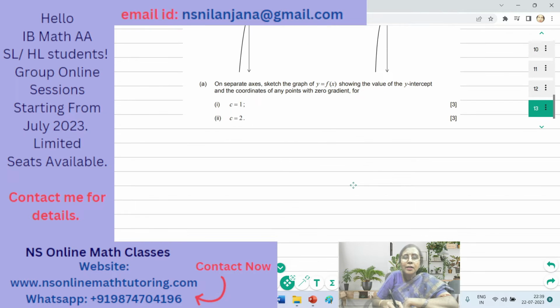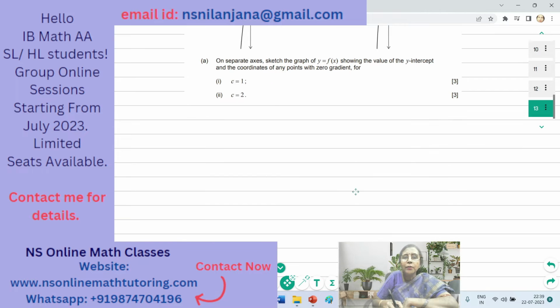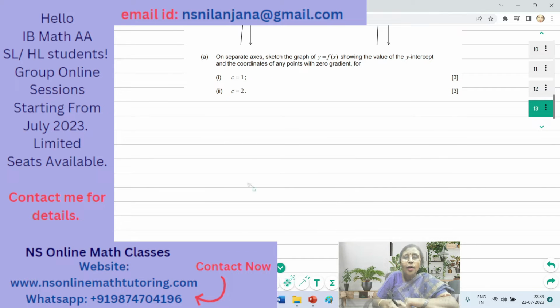So the first subpart for this question number 1 says, on separate axes, sketch the graph of y equals f of x, showing the value of the y-intercept and the coordinates of any points with 0 gradient. 0 gradient means f dash x will be equal to 0.